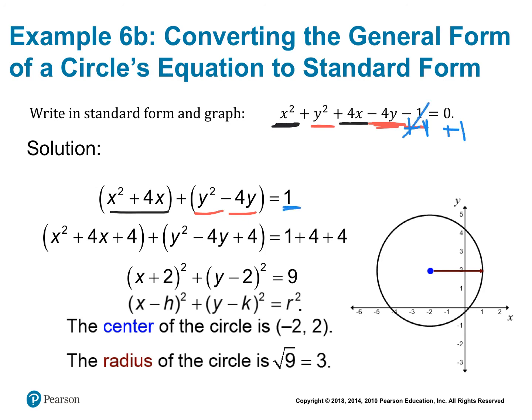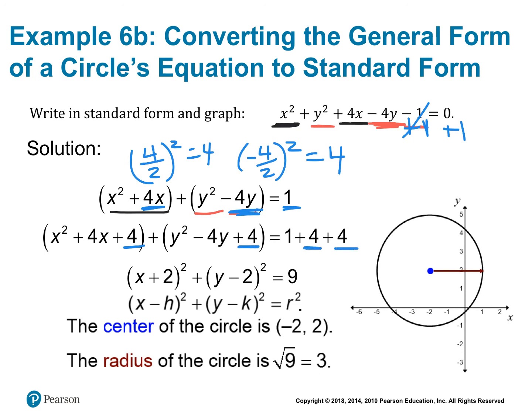Okay, then to complete the square, they took this number, 4 divided by 2 squared, and got 4. Then they took this number, negative 4 divided by 2 squared, is also 4. So they added a 4 and a 4 over here.